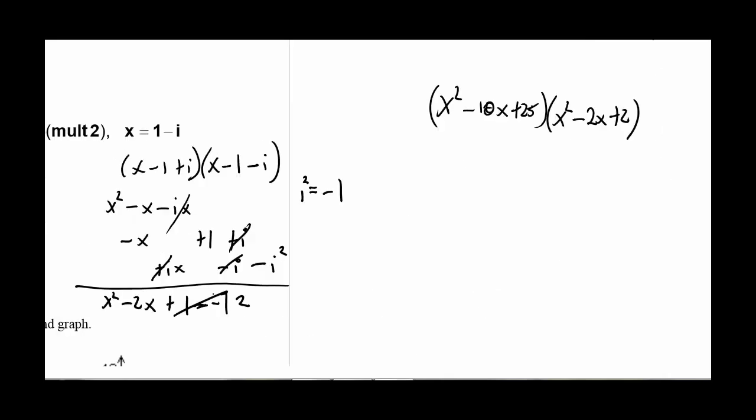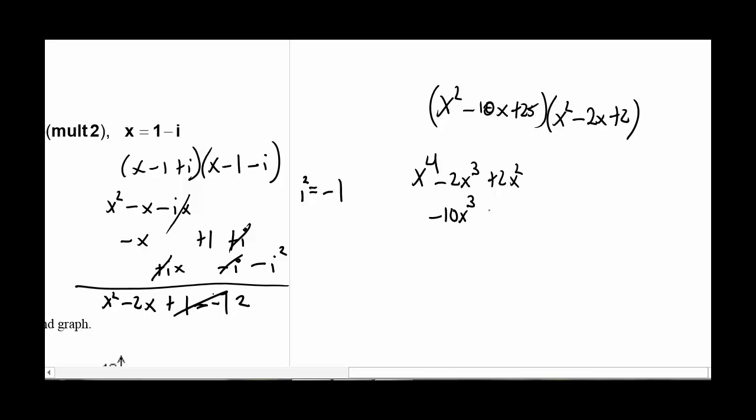Okay, so just like we did a second ago, we're going to triple distribute. So x squared times x squared is x to the fourth. x squared times minus 2x is minus 2x cubed. x squared times 2 is plus 2x squared. Then we got minus 10x times x squared, so that's minus 10x cubed. Minus 10x times negative 2x is positive 20x squared.